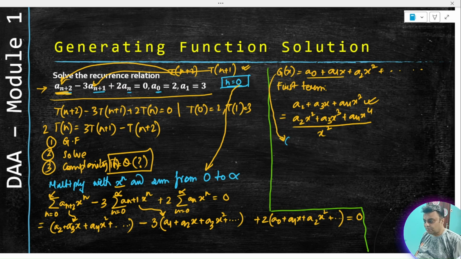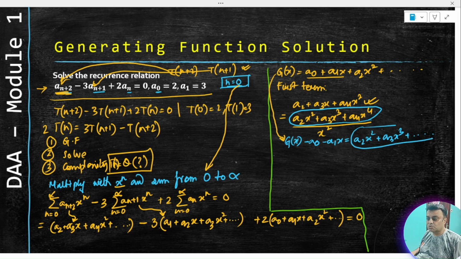So g(x) minus a0 minus a1x becomes equal to a2x square plus a3x cube plus dot dot dot. Why did I do it? Because this particular term starts from a2. I want my generating function also to start from a2, which means I have to take these terms to the left hand side of this equation. So g(x) minus a0 minus a1x is nothing but this.